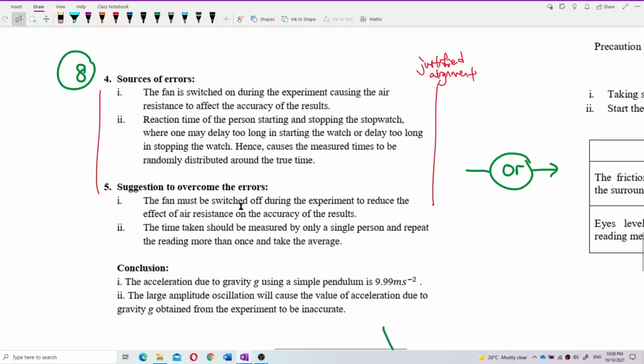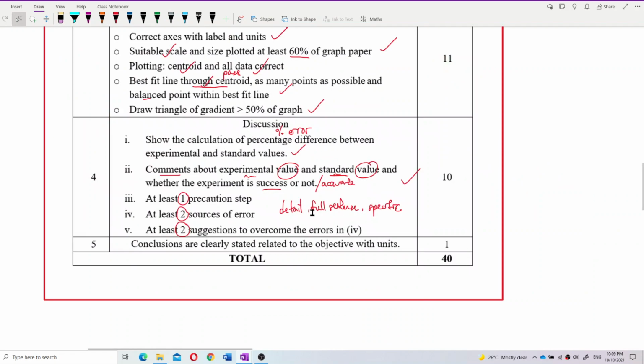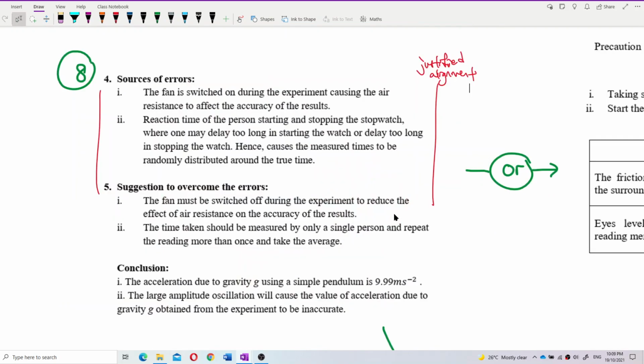So you see, very detailed, full sentence and specific. Not just say the error is reaction time, full stop. Cannot. You must say more than that. You must explain more.